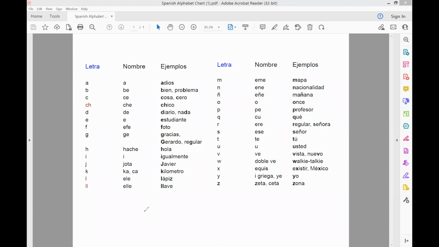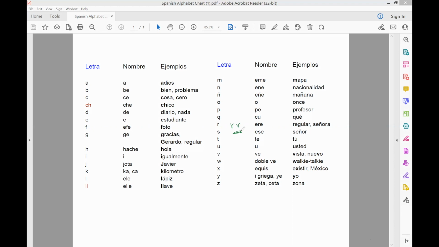Ere. Regular. Señora. So a couple R sounds. When the R begins a word, or when you have a double R, because in Spanish you will have two R's together on occasion, it's a trilled sound.